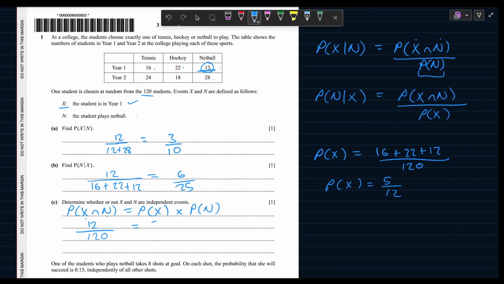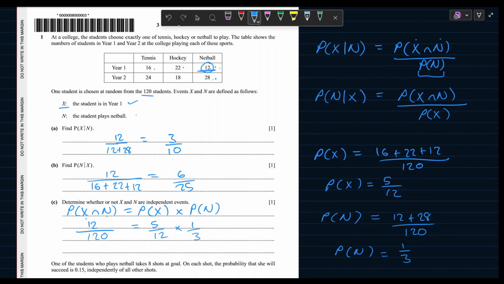So this here should be 5 over 12 multiplied by the probability of N. The probability of N, that's just the student plays netball, that's 12 plus 28 out of the total number of students, which is 120. That gives us a third. So times a third.